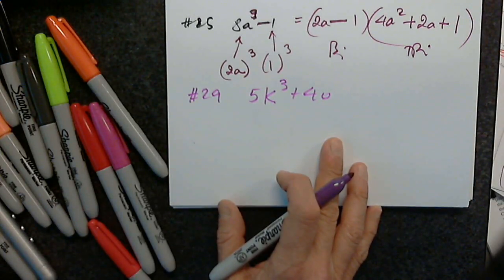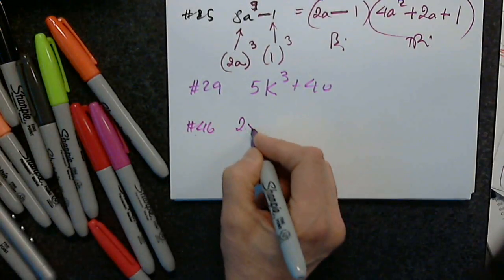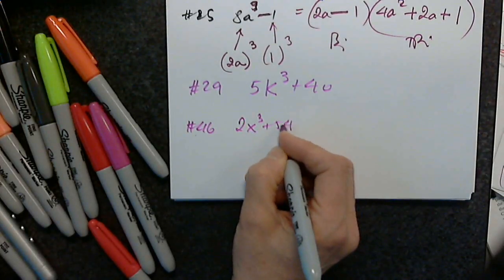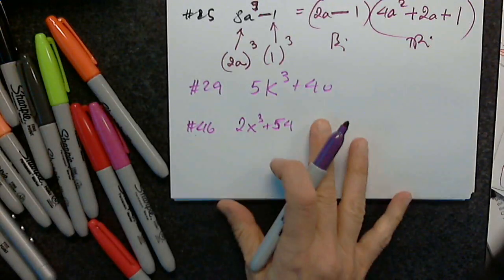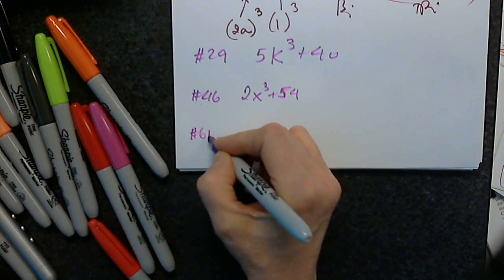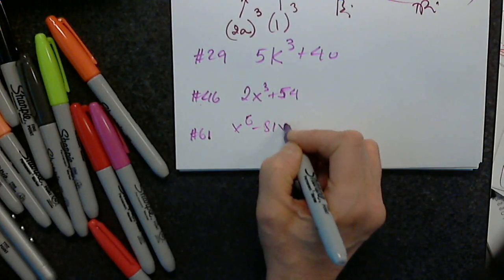I'm going to choose a few more. 46. 2x cubed plus 54. And 61. X to the sixth minus 81x squared.